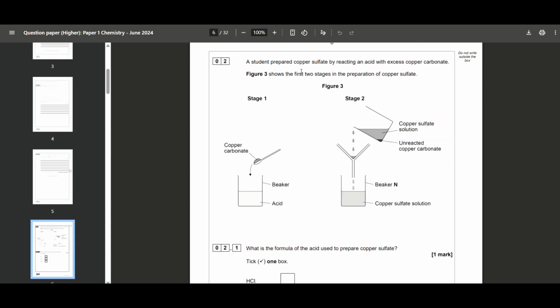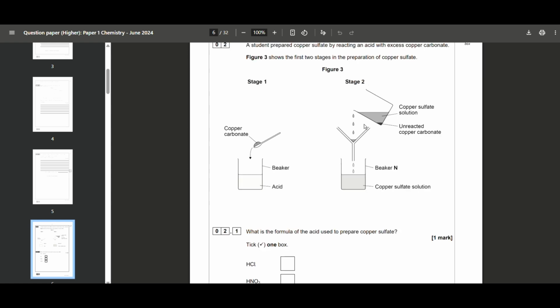A student prepared copper sulfate by reacting an acid with excess copper carbonate. Figure 3 shows the first 2 stages in the preparation of copper sulfate. So here's stage 1, where they're adding copper carbonate to a beaker. It has an acid. They have not specified which type of acid it is. And then stage 2 is the copper sulfate solution.